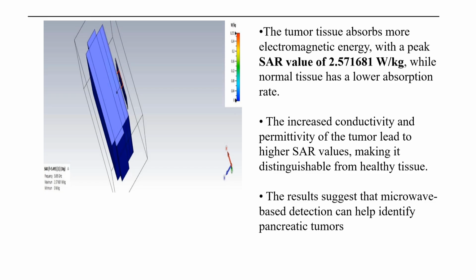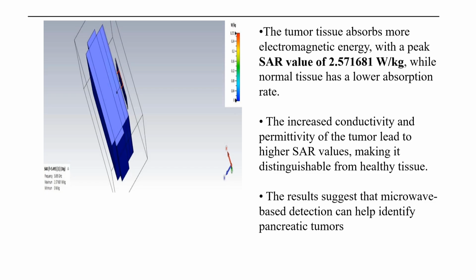Moreover, the SAR value in the tumor affected region increases significantly, highlighting higher energy absorption because cancer tissues have different dielectric properties compared to normal tissues. This variation in return loss, VSWR, and SAR confirms the presence of tumor, making microwave imaging an effective tool for early pancreatic cancer detection and usage of antenna for pancreatic cancer detection.